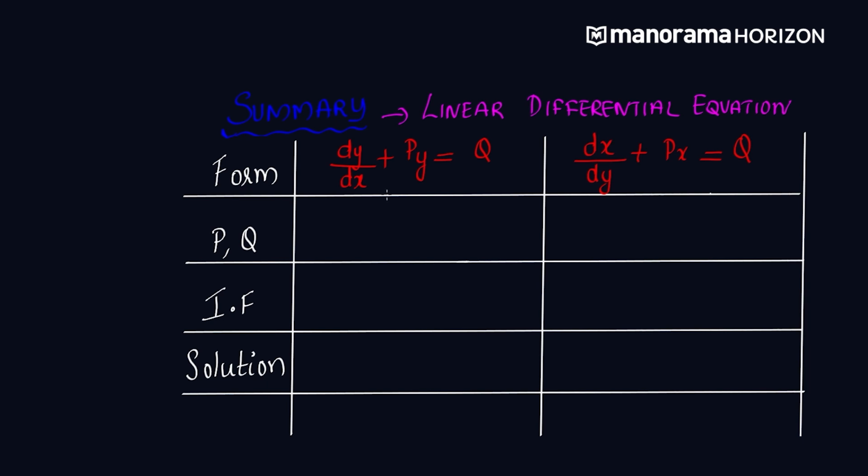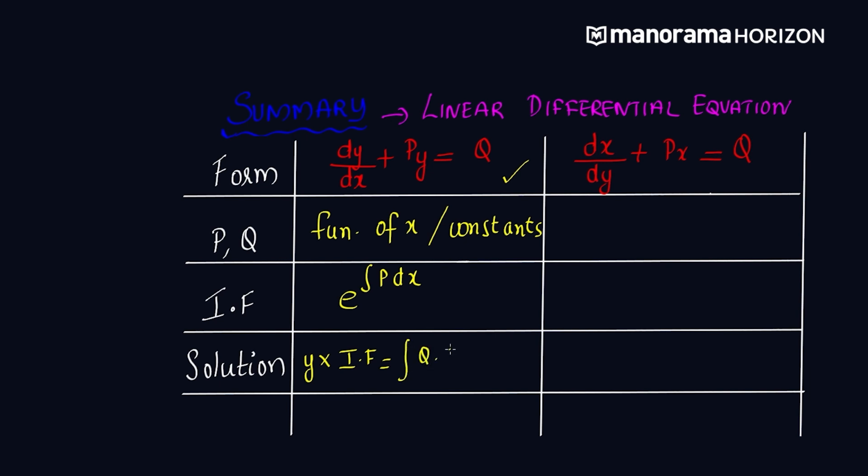For the first form, dy by dx plus py equal to q, p and q are functions of x or constants, and the integrating factor is e raised to integral p dx, and the solution is given by y into integrating factor is equal to integral q into integrating factor dx plus c.